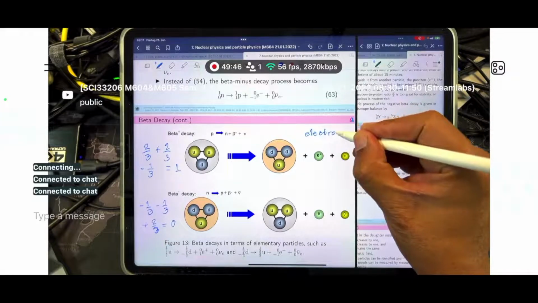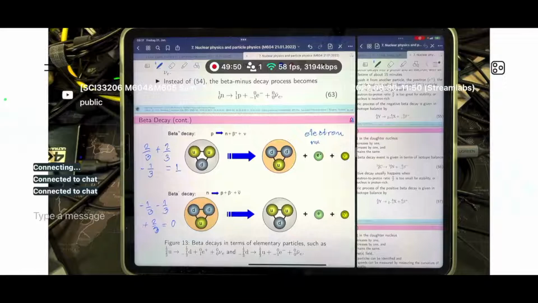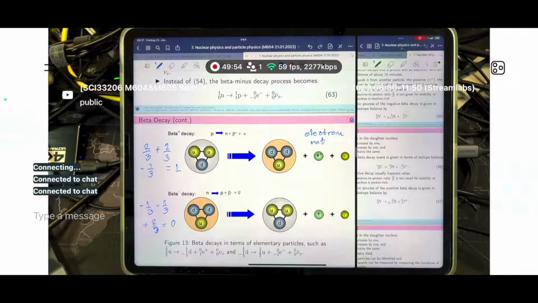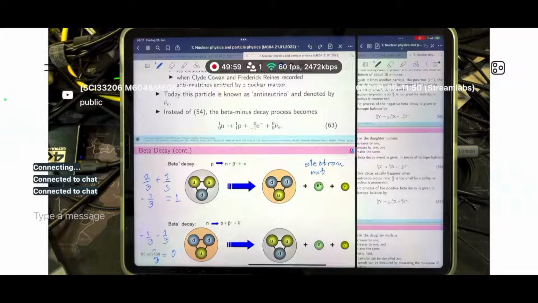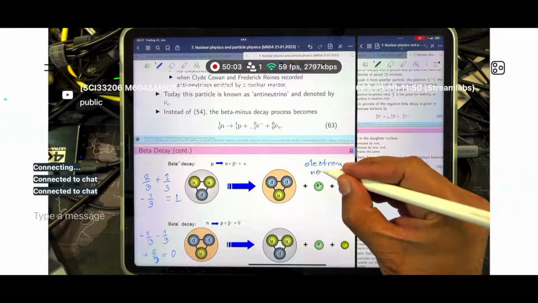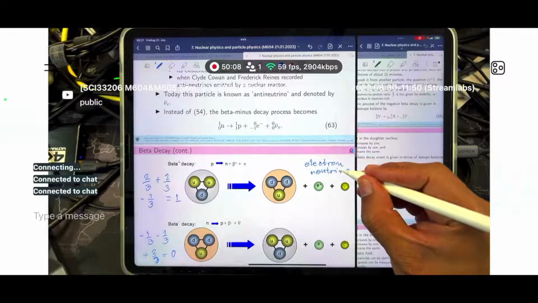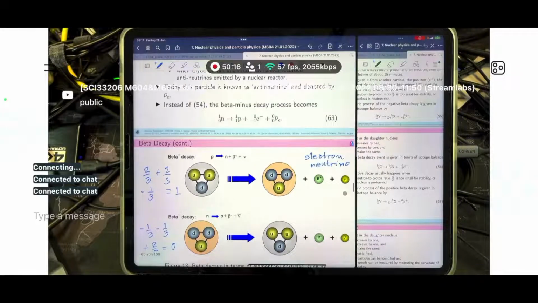Electron neutrino is even much smaller than the electron, and the information for this particle is still missing because it's very hard to detect.